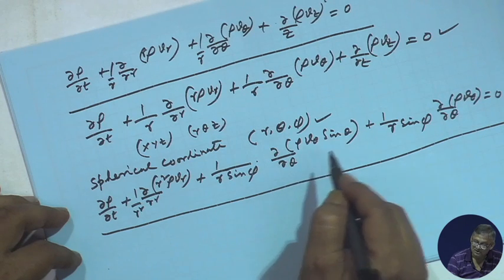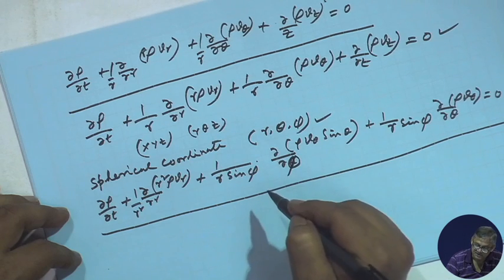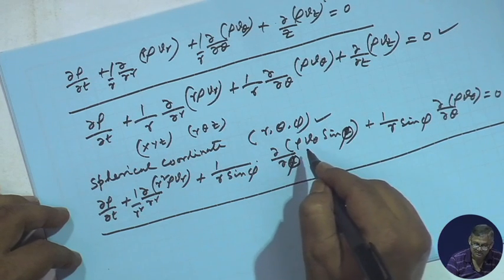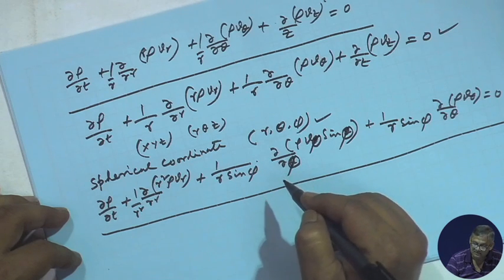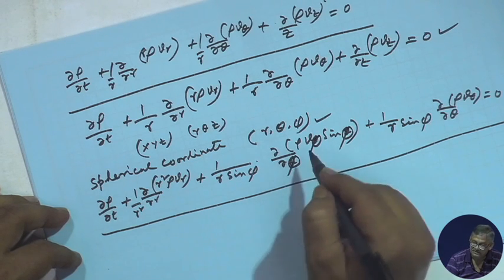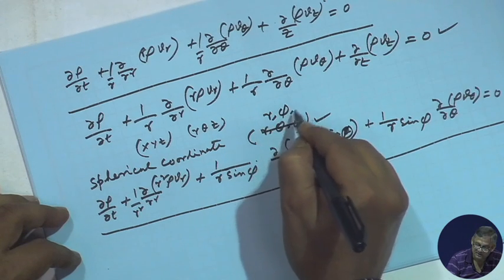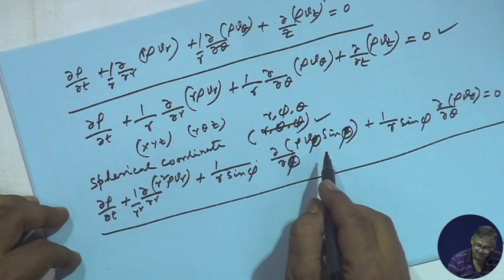If you mix up, this is phi, rho v phi sin phi, so r phi theta, then we should write in this form. Second term we are writing in terms of phi.